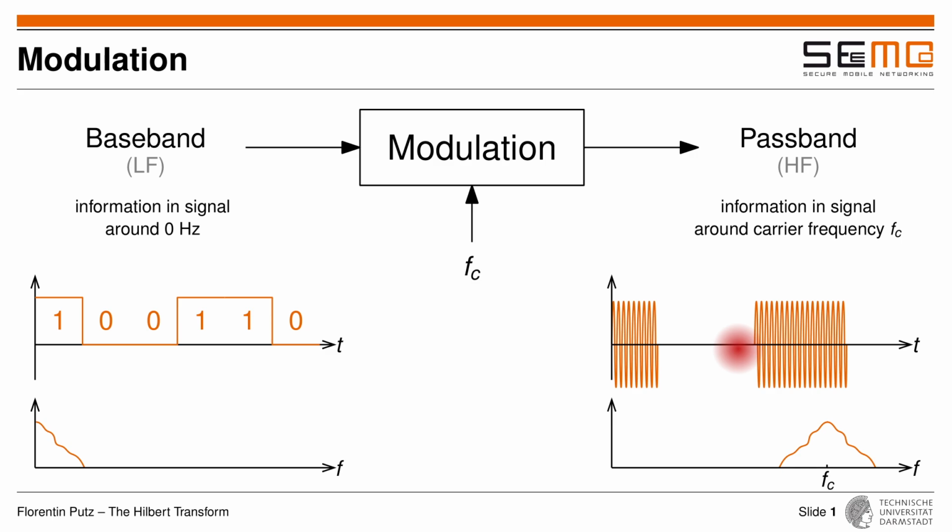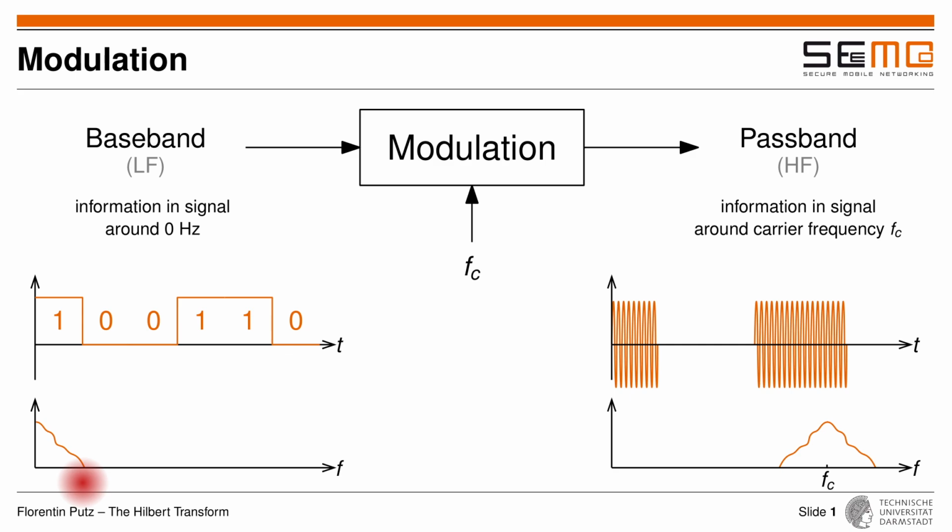Okay, and you might wonder, why do we need this modulation process? Why can't we just transmit everything at baseband? And the reason is, think about what would happen if everyone would transmit at the baseband. Different people would transmit at the same time, at the same frequencies, and so these signals would interfere and the receiver would not get a clear signal from one specific sender.